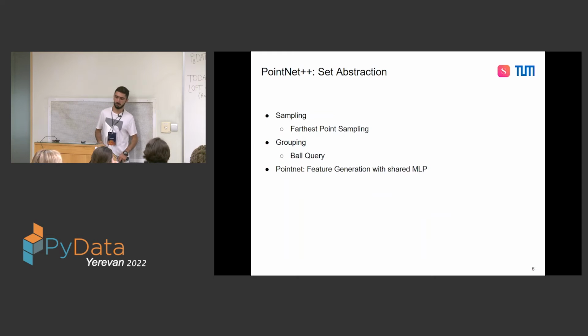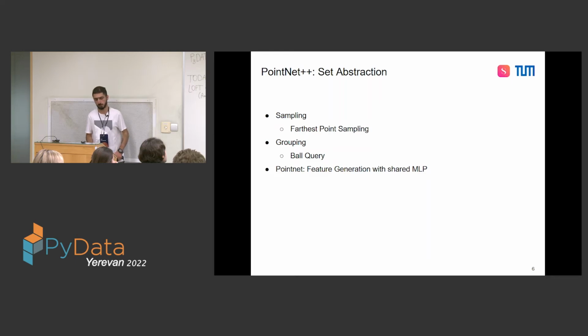Okay, as I said, there are these three parts that we need to understand in the PointNet architecture, which is sampling. So we'll use this farthest point sampling, which is followed by grouping. I'll explain each of them more specifically on the next slide.